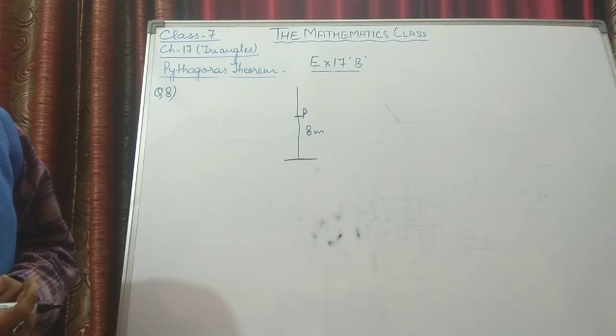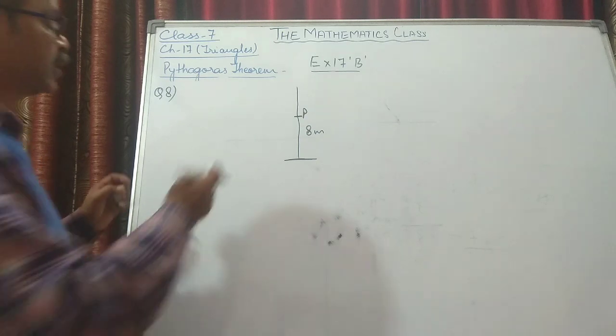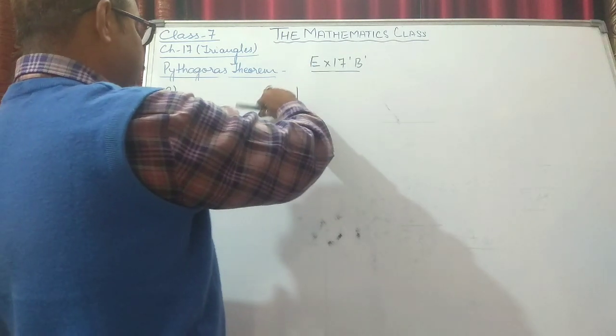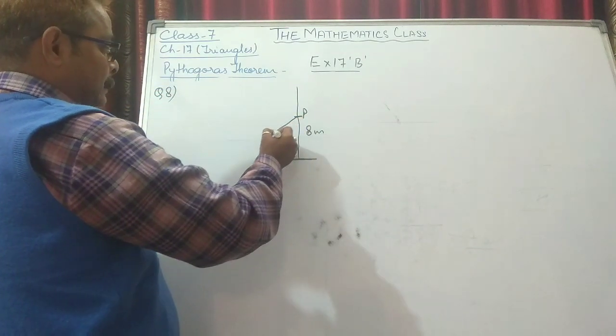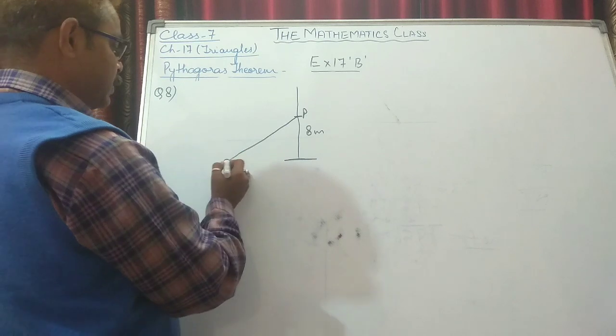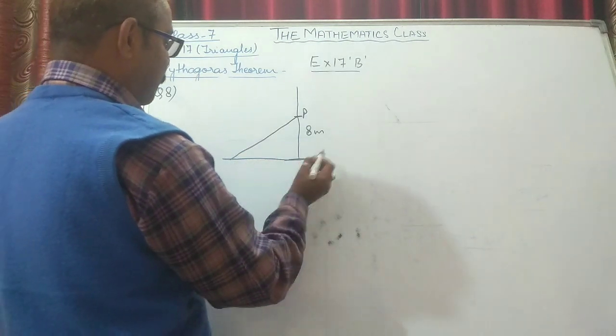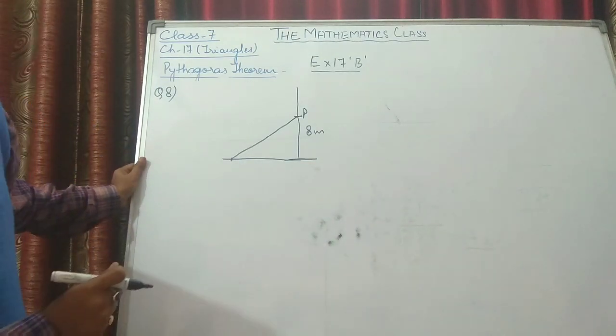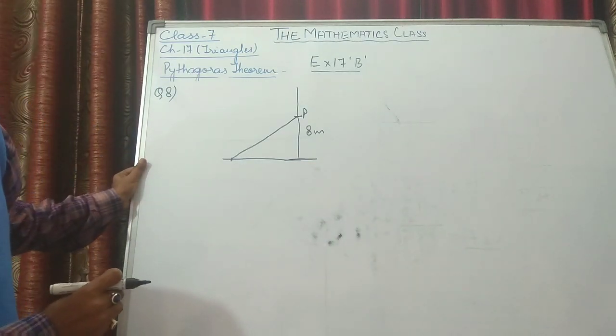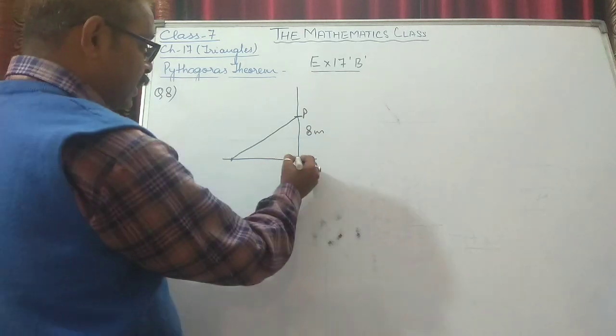From point P it broke, and point P was 8 meters above the ground. Then they say it touches the ground at a distance of 15 meters. Now this broken part touches the ground, something like this, at a distance of 15 meters from the base of the tree.